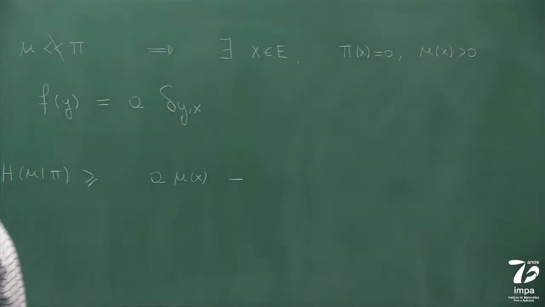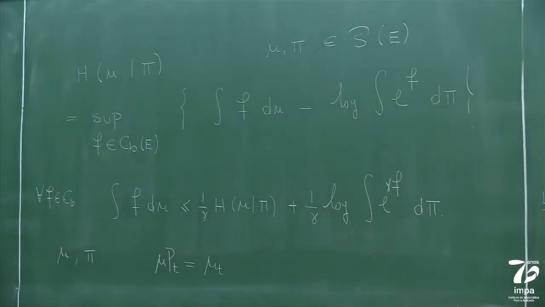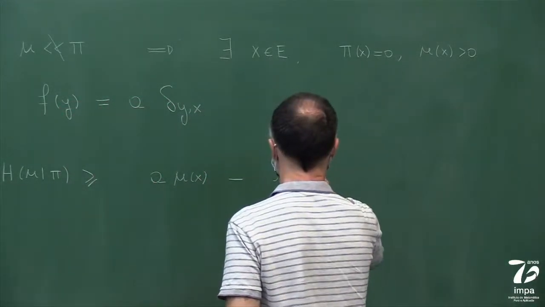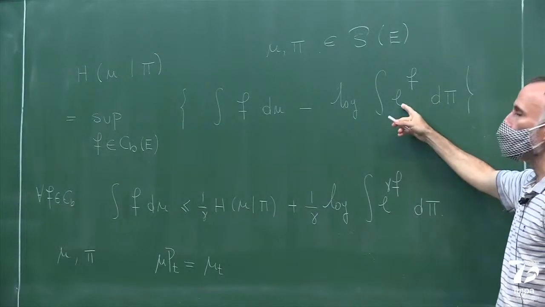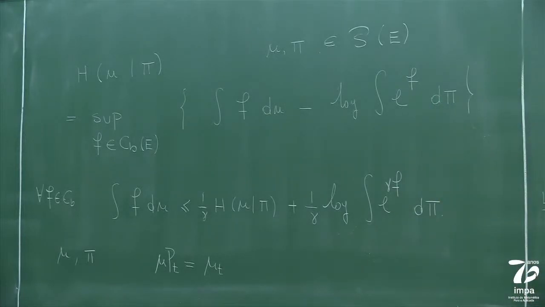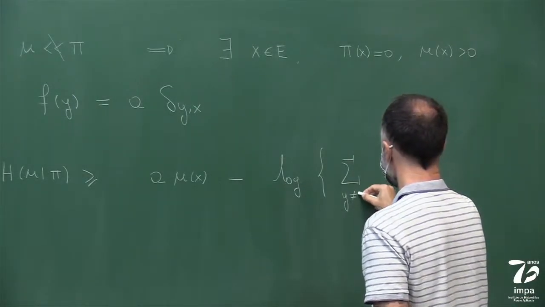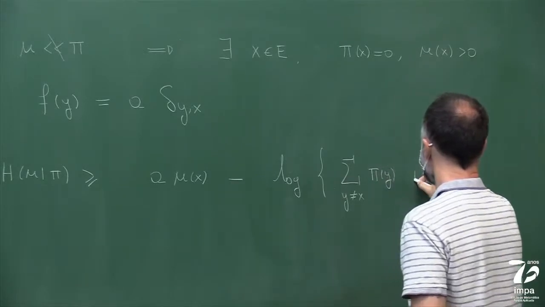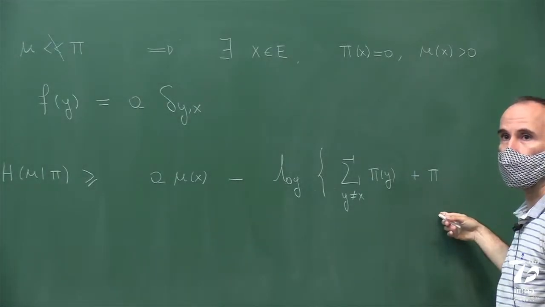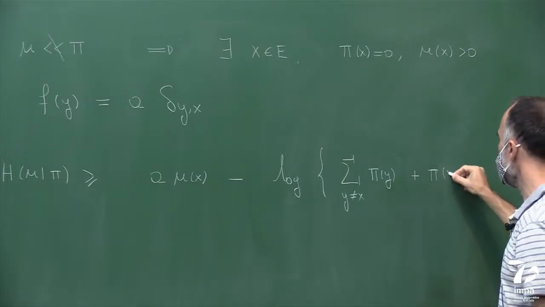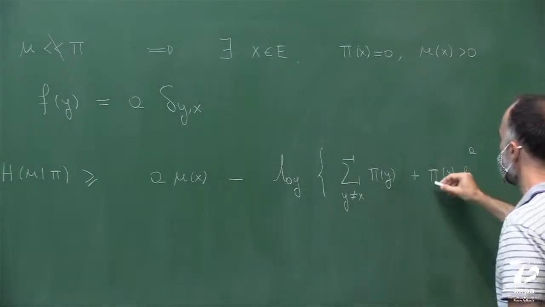Then minus, here I get the sum over y different from x of pi of y, and at x, pi is equal to 0, so the term pi of x times exponential a does not appear.